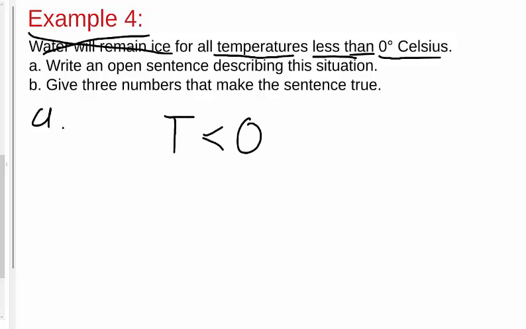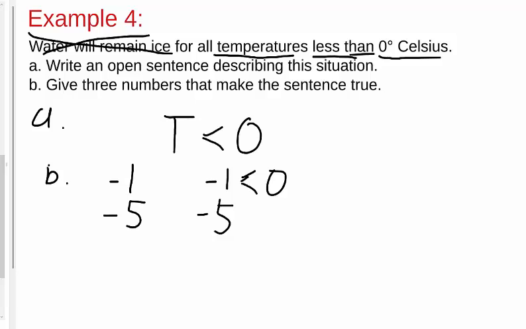Okay. B, give 3 numbers that make the sentence true. Well, we can use any 3 numbers. One number we know is -1. That makes the sentence true. We can prove it. -1 is less than 0. We could say -5.